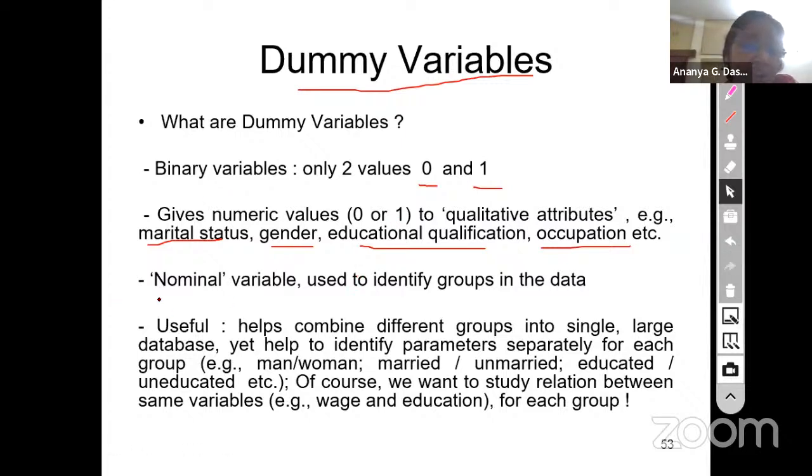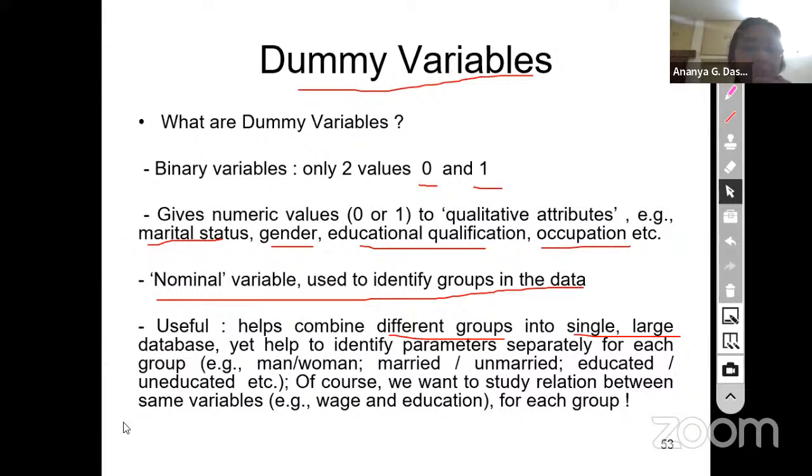So these nominal variables, mind you, are identifying groups in the data. To that extent, dummy variables are very useful because they help us combine these different groups into a single large database, and yet they help us identify the coefficients separately for each group.